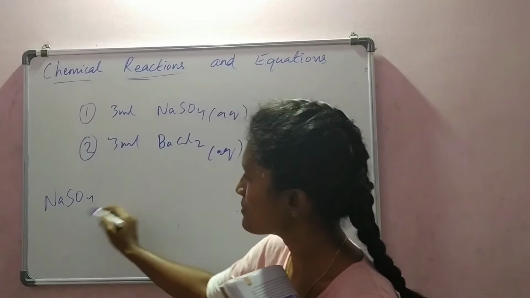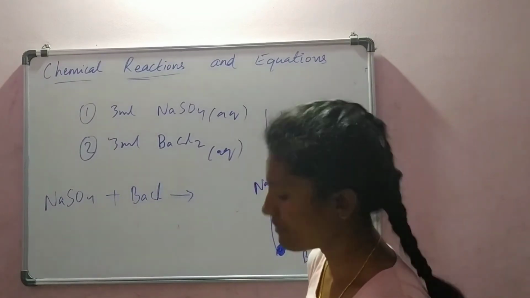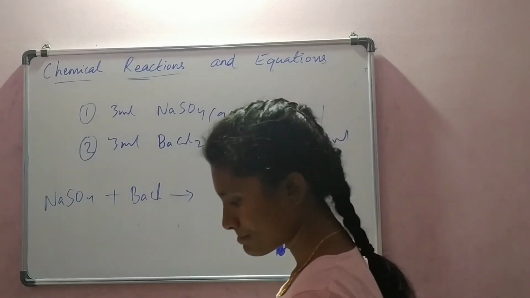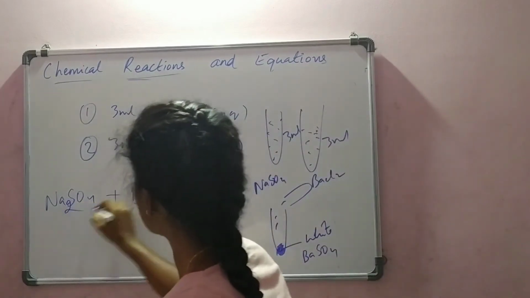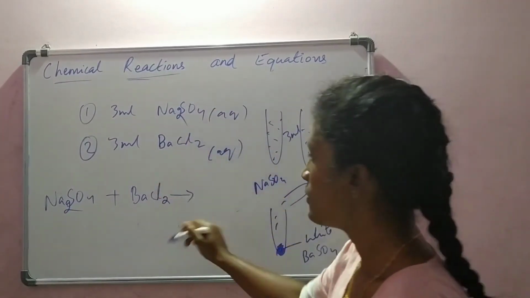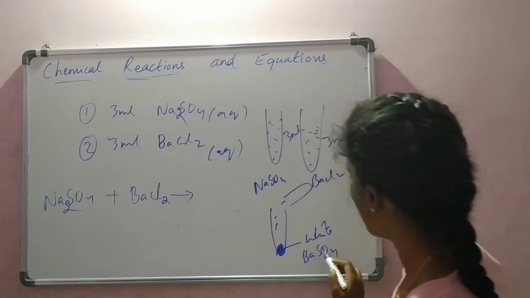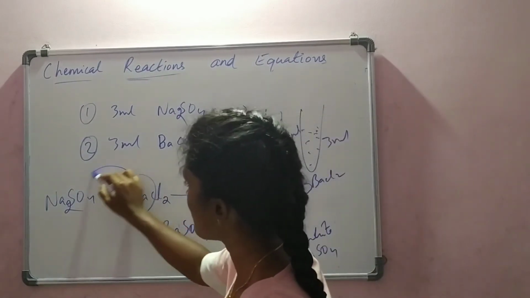Sodium sulfate, Na2SO4, combined with barium chloride gave us barium sulfate. So the barium combined with the sulfate ion.